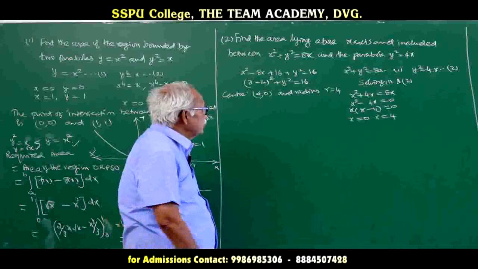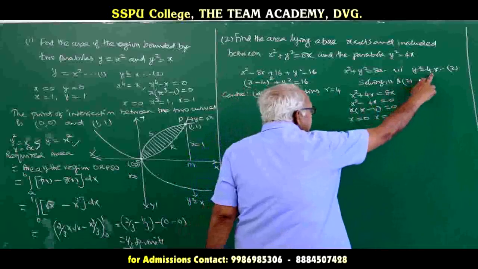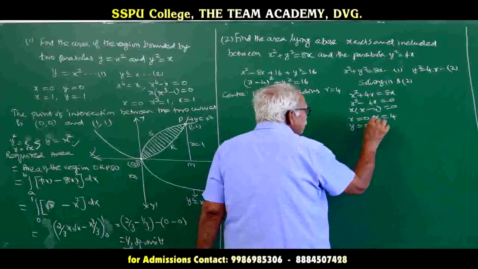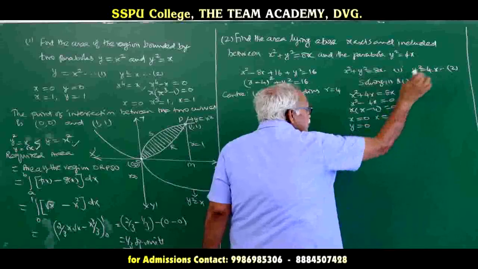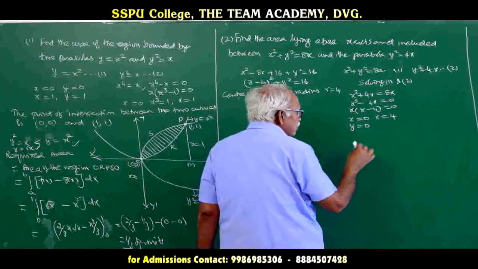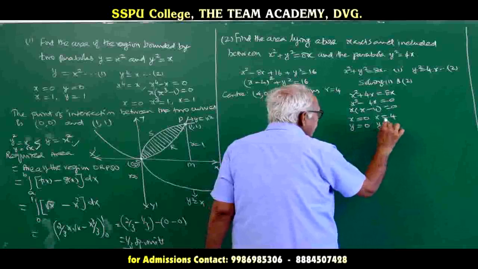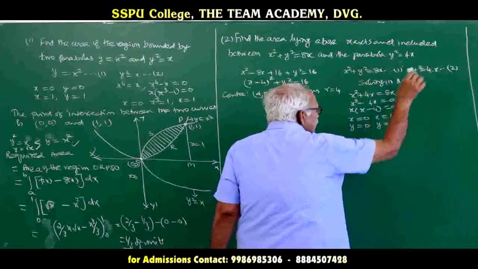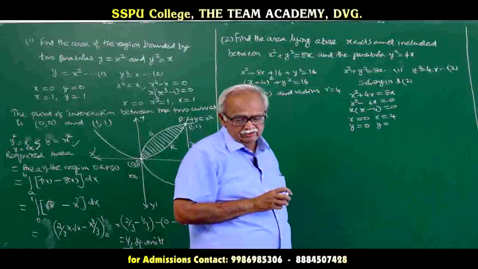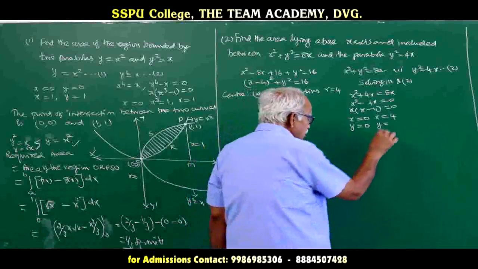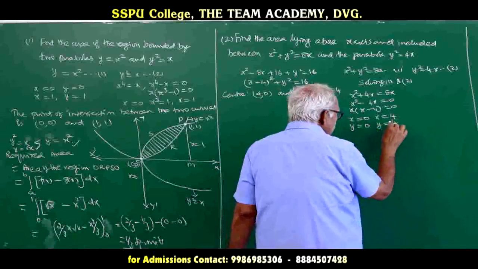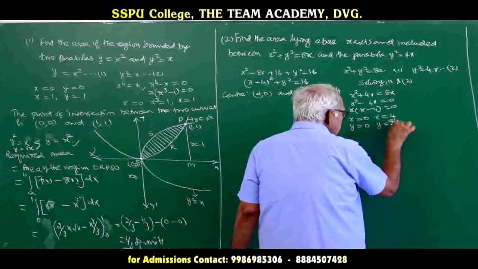When x is equal to 0, substitute in this equation, y square is 0, so y is 0. Then for x is equal to 4, y square becomes 16, so y is equal to plus or minus 4.